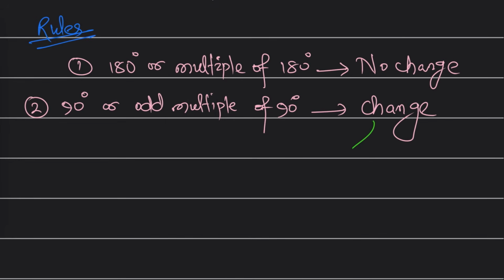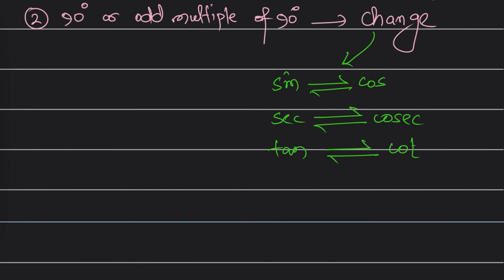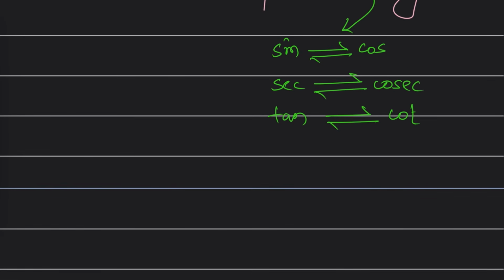Change means sine to cos and cos to sine. If it is sine, it will convert to cos. If it is cos, it will convert into sine. Similarly, sec to cosec, cosec to sec, and tan to cot. This is the conversion, which means change.